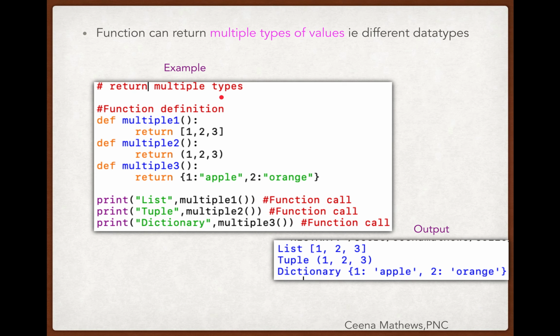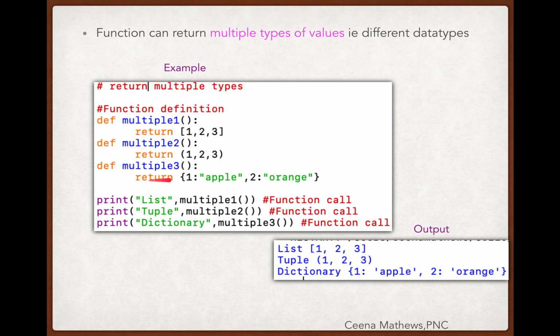In this example, I have used three collection data types, which are list, tuple, and dictionary. The first function name is multiple one. In this case, I return a list. In the second function, multiple two, I return the data type tuple.